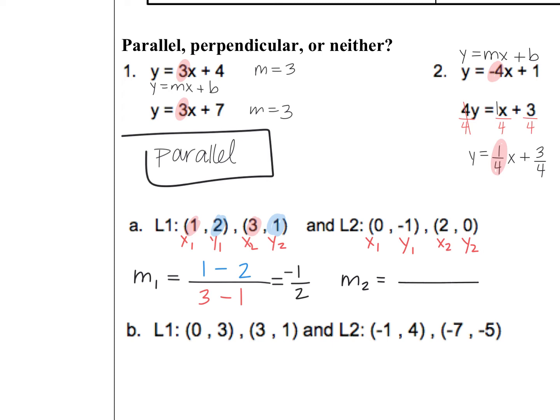On the top, we'll subtract the y's. So 0 minus -1. You do have to have 2 negative signs here. So even though it's a -1, you're subtracting a negative. And on the bottom, 2 minus 0.